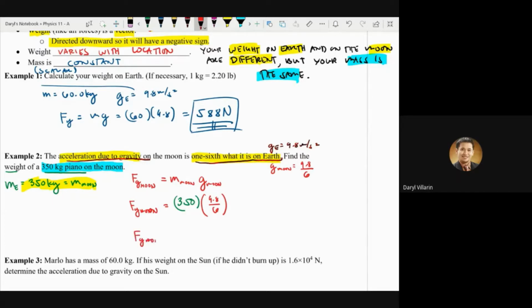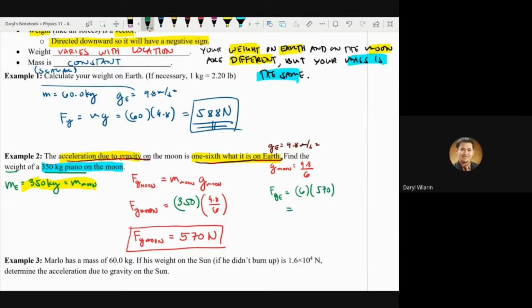So the weight of the piano on the moon would be equal to around 570 newtons. Comparing that to the one on the Earth, if you want to get the FG on Earth, that would be 6 times 570.